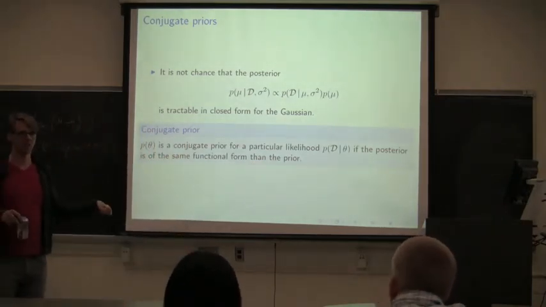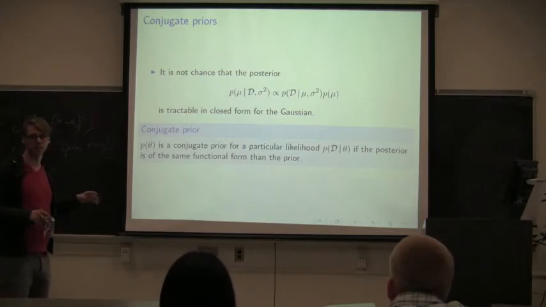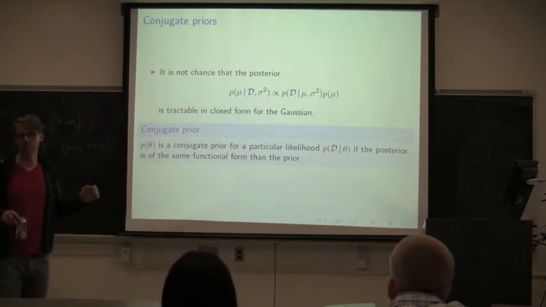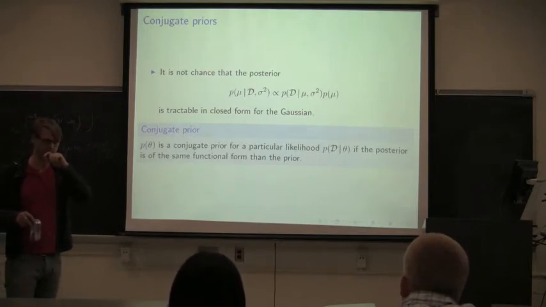So if we choose a conjugate prior, then our posterior will again be of the same functional form. So if the prior is a Gaussian, the posterior will be a Gaussian.